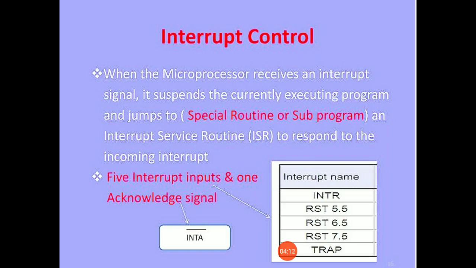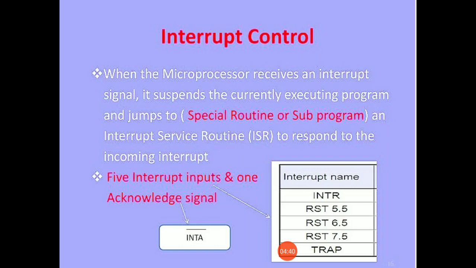So here I have used two instructions, call and RET. I will be discussing in detail about these instructions in the 8085 instruction set. Now what happens when the microprocessor receives interrupt signals? It sends an acknowledgement, that is the INTA bar signal, to the peripheral which is requesting its service.